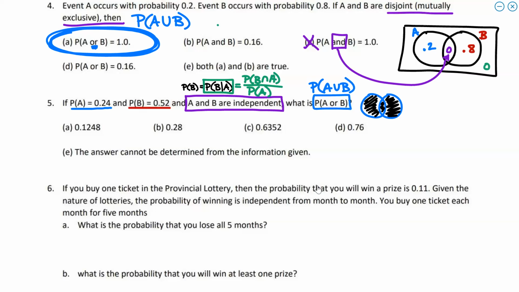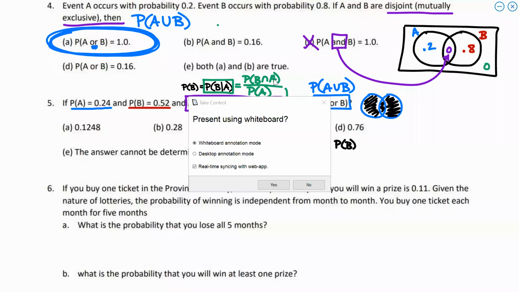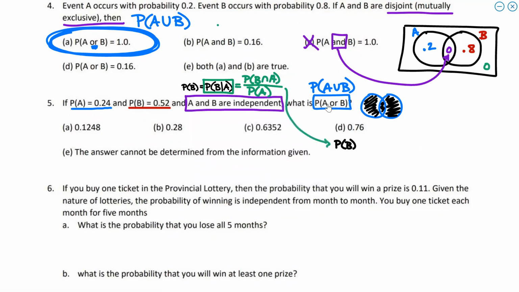I'm going to extend this idea out just a little bit and write what I've got going on here. So we're saying that the probability of B, if I had A here, then it would be AB here.